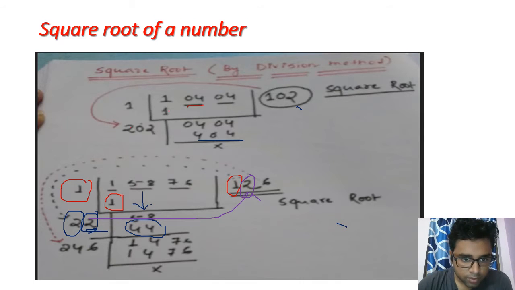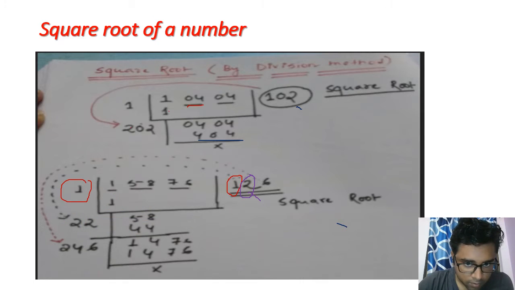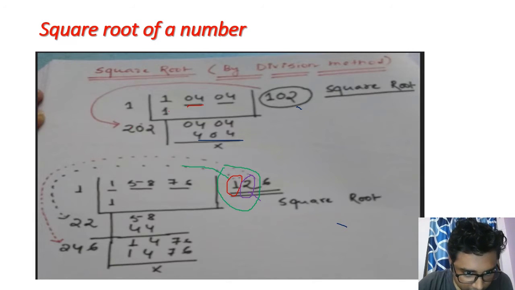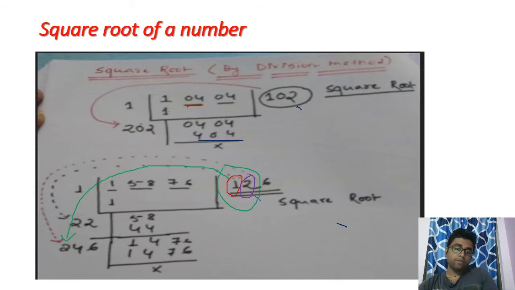Okay, now we multiply that here. So 12, we have to double it, that is 12 doubled is 24.